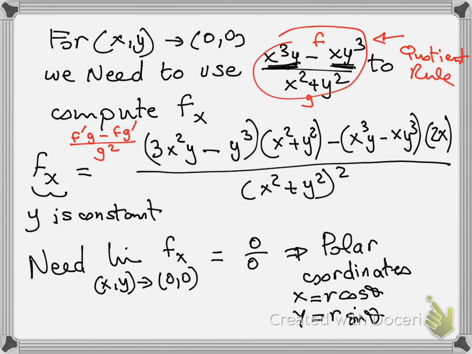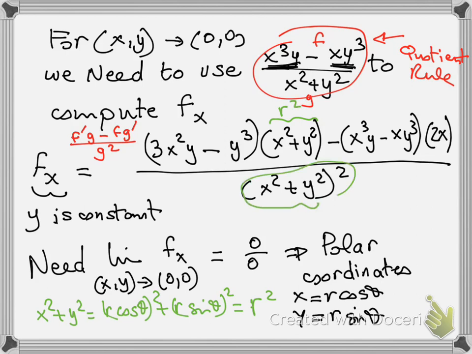So for example here, x squared plus y squared: if you do x squared plus y squared, that will be r cosine theta squared plus r sine theta squared. You can factor out r squared, that will be cosine squared plus sine squared, that will be 1, so that's r squared times 1, so that will be r squared. So this thing here, for example, will be r squared.